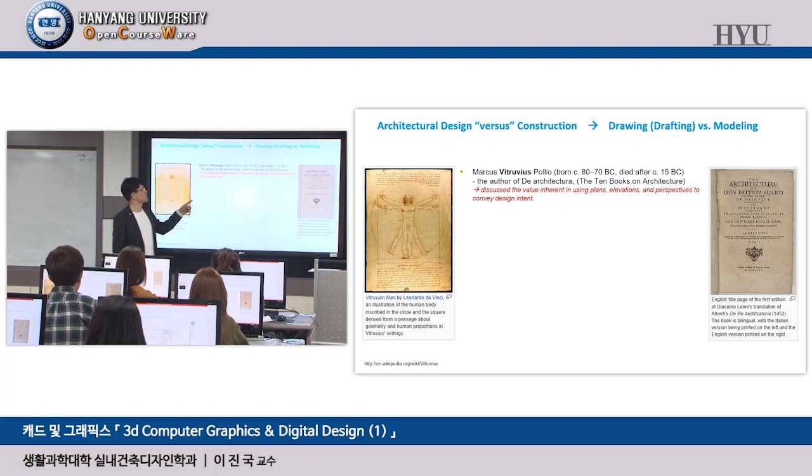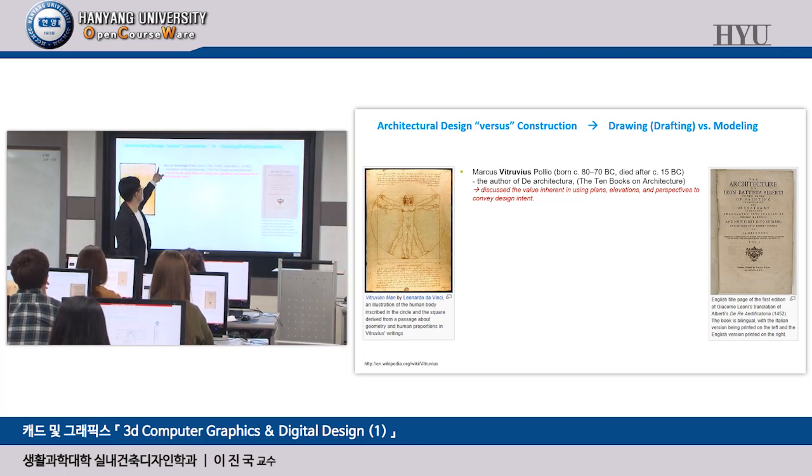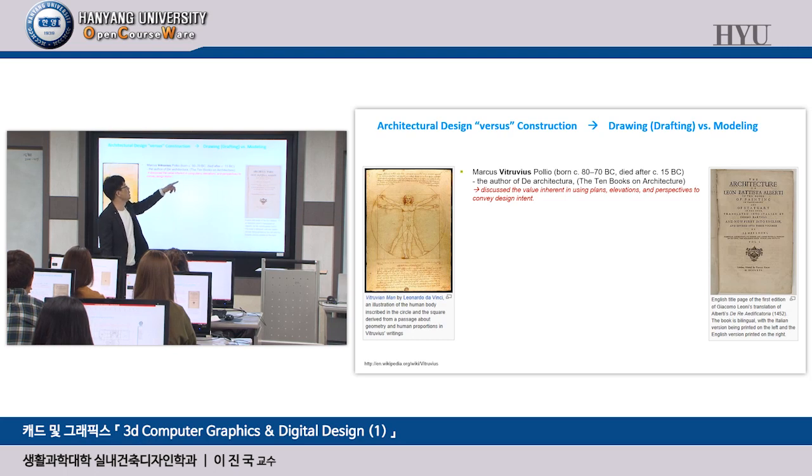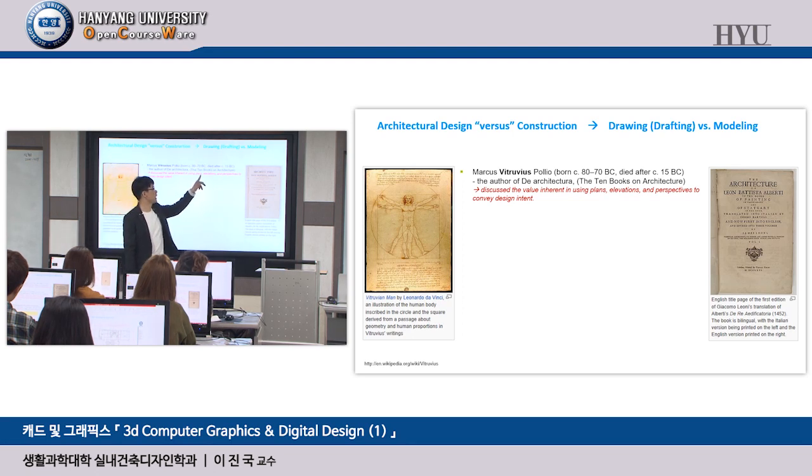Vitruvian Man means Vitruvius. Marcus Vitruvius Pollio, born in before Christ, BC 80, 70, not sure. But anyway, around 2,100 years ago, okay? Around 2,100 years ago, Vitruvius is believed as the first architect who invented plans, elevation, and so on.